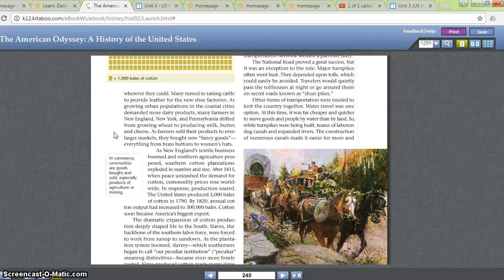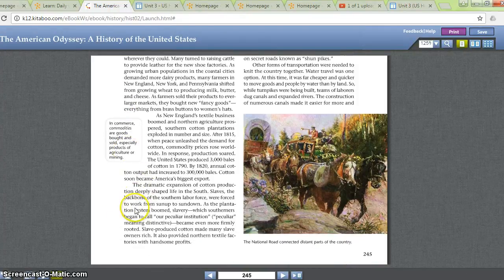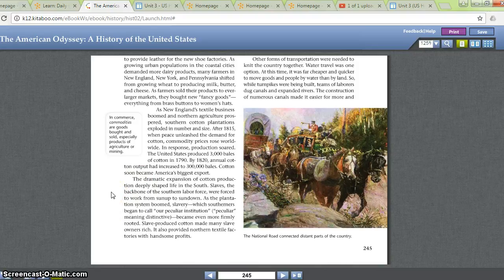After 1815, when peace unleashed the demand for cotton, commodity prices rose worldwide. In response, production soared. The United States produced 3,000 bales of cotton in 1790. By 1820, annual cotton output had increased to 300,000 bales. Cotton soon became America's biggest export. The dramatic expansion of cotton production deeply shaped life in the South.